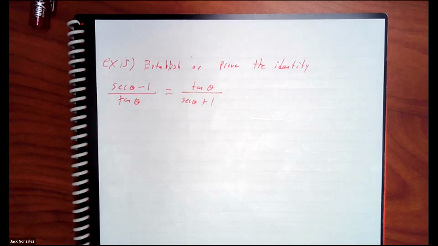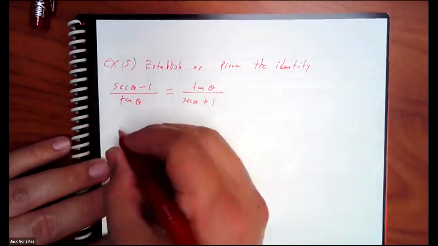So basically just pick a side and try to get to the other side. That's all you gotta do. I don't know if one's better than the other. I'll pick the left side, I guess.